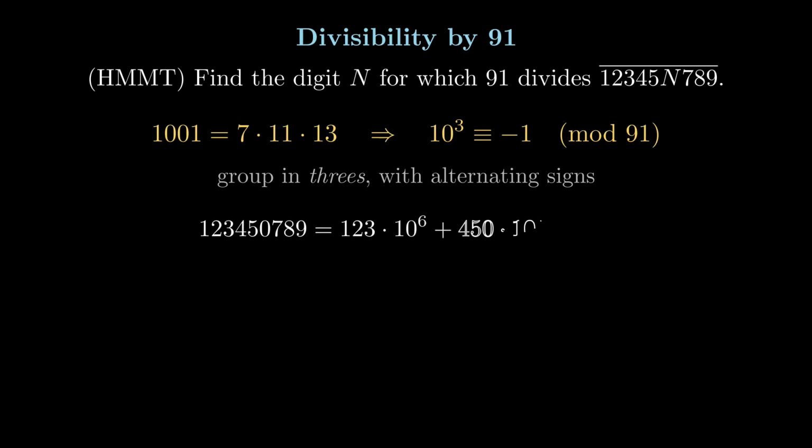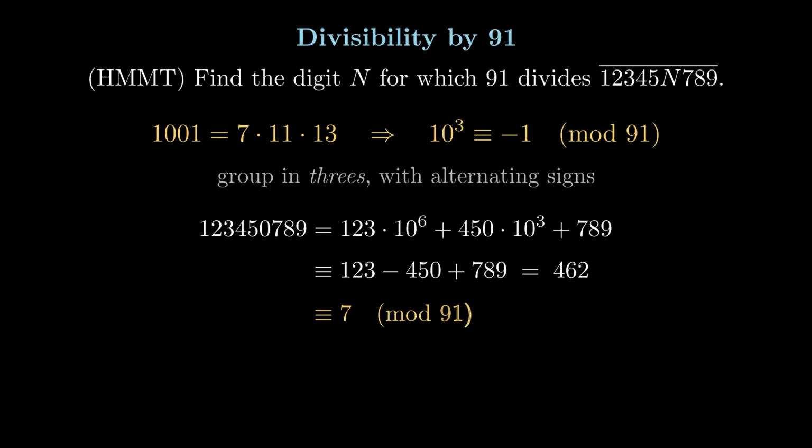First, pretend the mystery digit is 0. The groups are 123, 450, and 789. Taking the alternating digit sum of this number gives us 462, which is congruent to 7 modulo 91. Now, restore the digit.